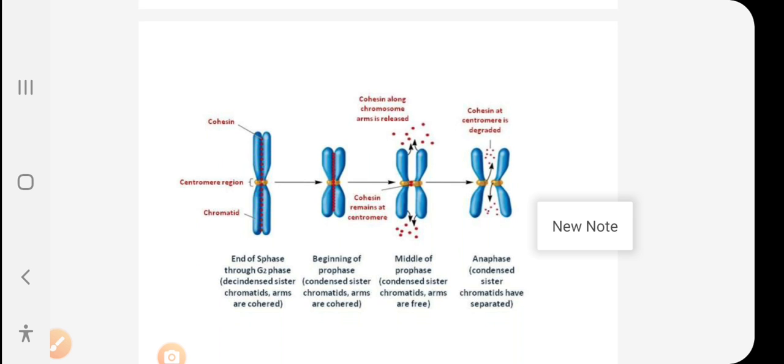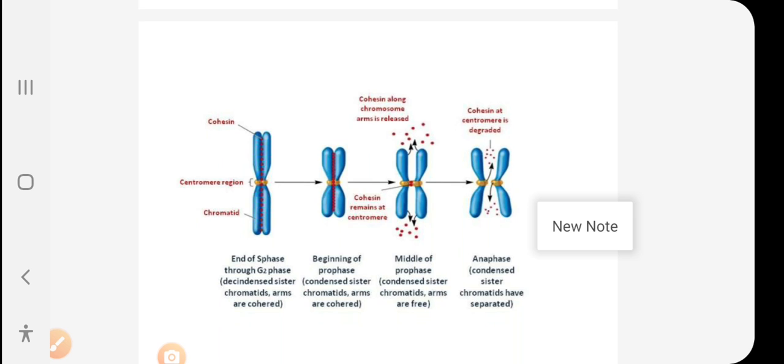When the chromosome enters the division phase, the M phase, this thin coiled chromonemata condenses itself to become visible. So this is known as a chromatid.